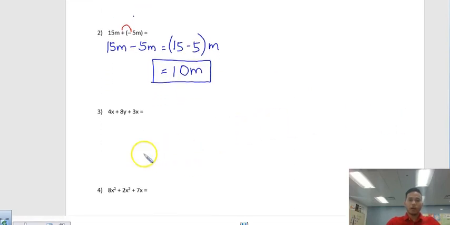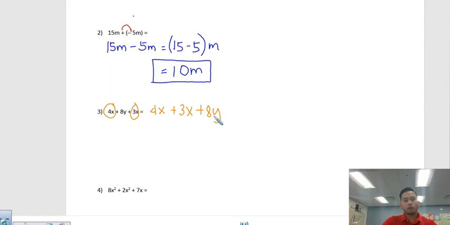Next is we have 4x plus 8y plus 3x. So in this example, we have to take a look at the like terms, which are 4x and 3x. So I'm going to rewrite that. It will become 4x plus 3x plus 8y.